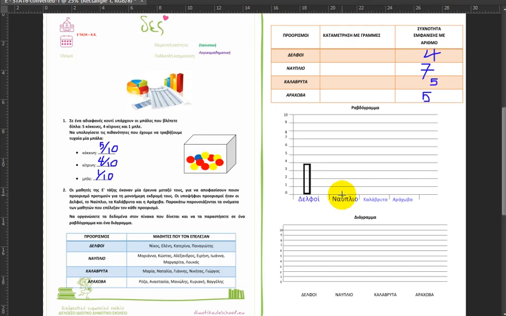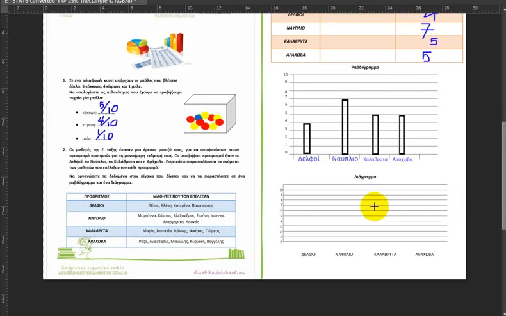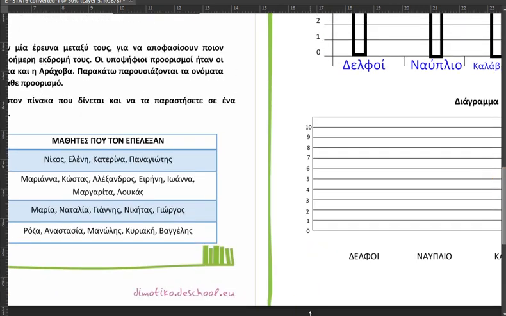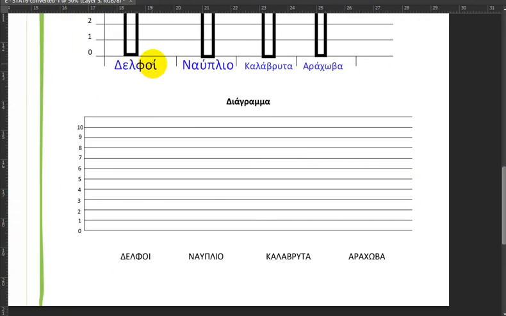Second one gets 7. Third one gets 5. And the other one gets 5 as well. And then we have the one with the points that you saw before, which is basically the same thing. Only instead of having bars that reach that height, we just put a point at that height.